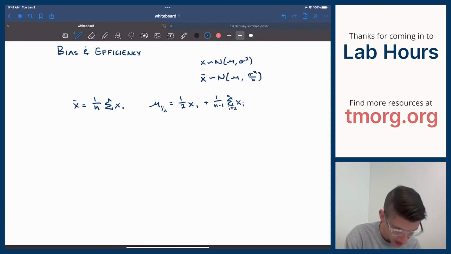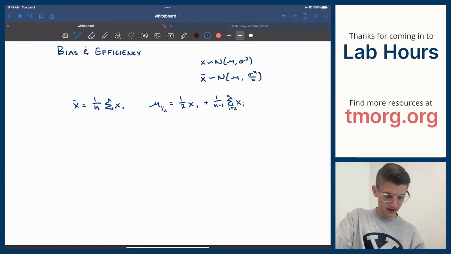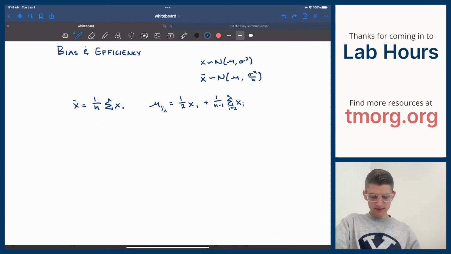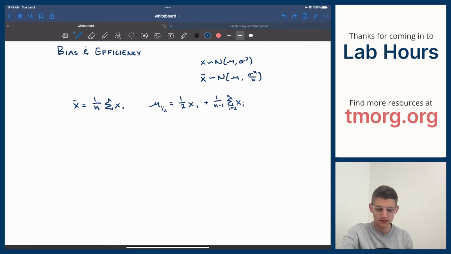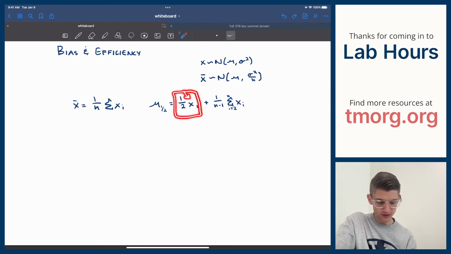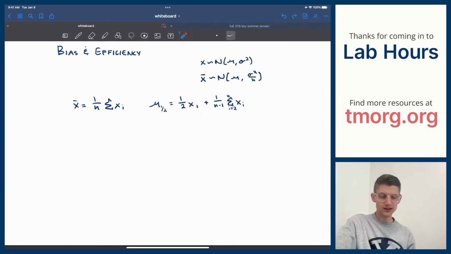So basically x bar is saying weight every observation equally. Take every xi and multiply it by 1 over n. And what mu 1/2 would be saying is give half of the weight of your average to the first observation and then split the rest of the weighting evenly across all the rest of the observations.